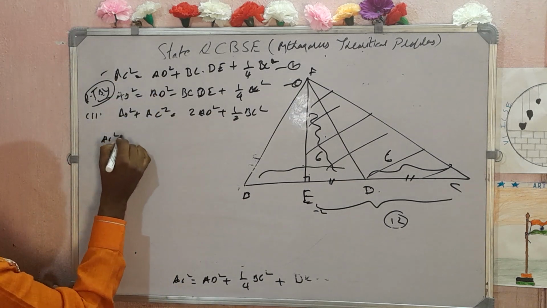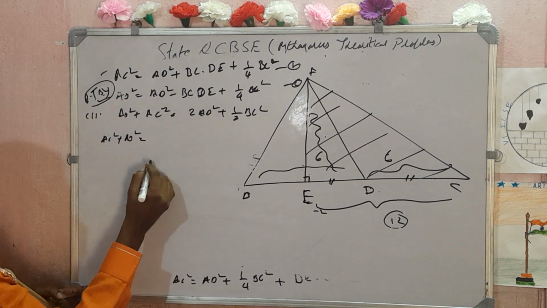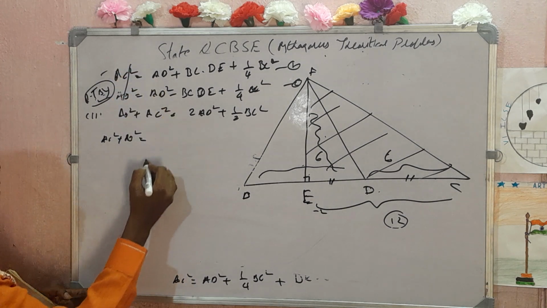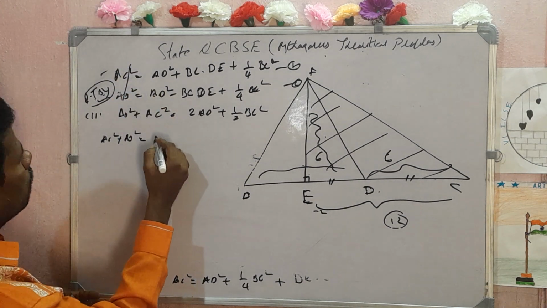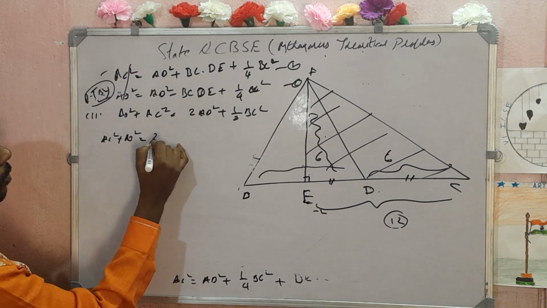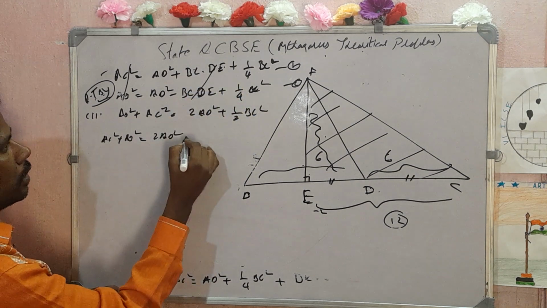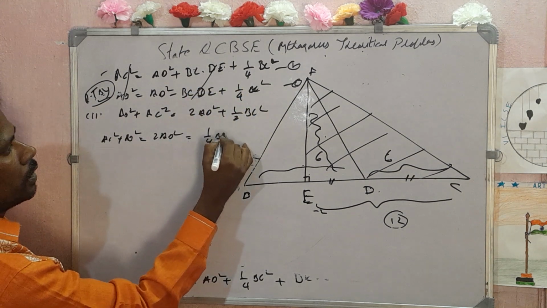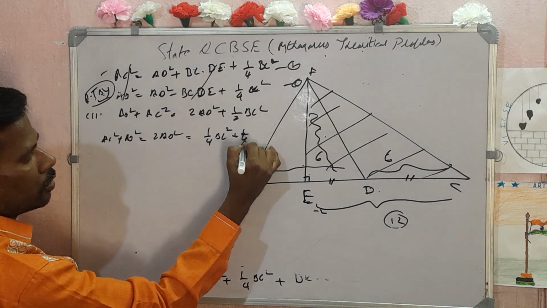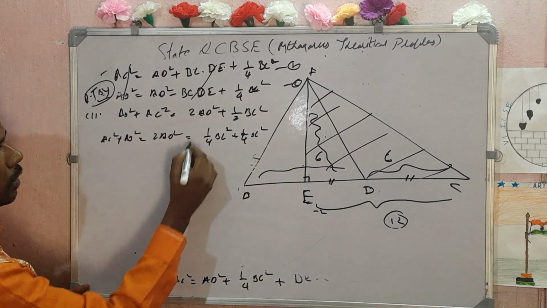AC square plus AB square is equal to what? AD square plus AD square is 2AD square, plus BC into DE minus BC into DE will get cancelled, plus 1/4 BC square plus 1/4 BC square.